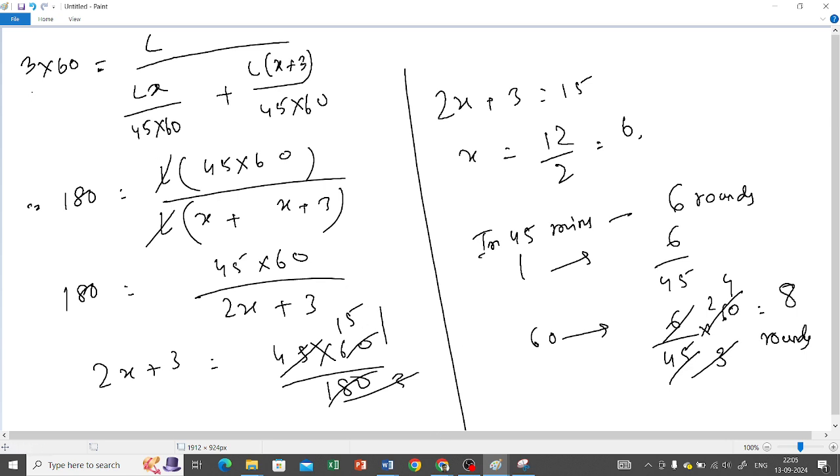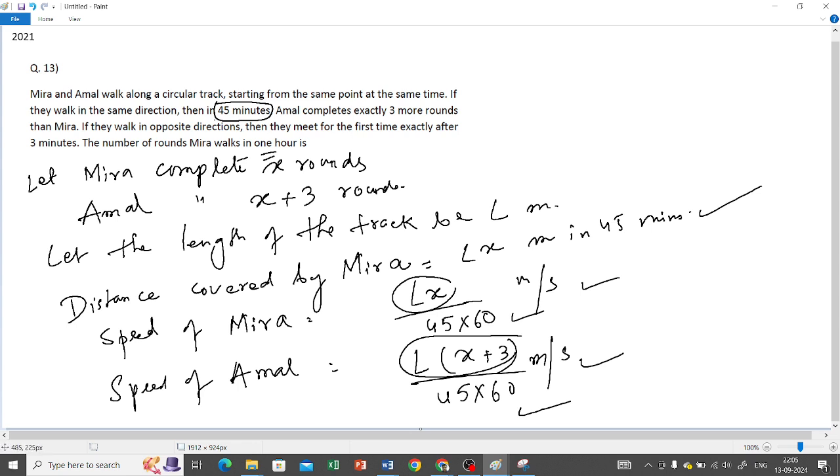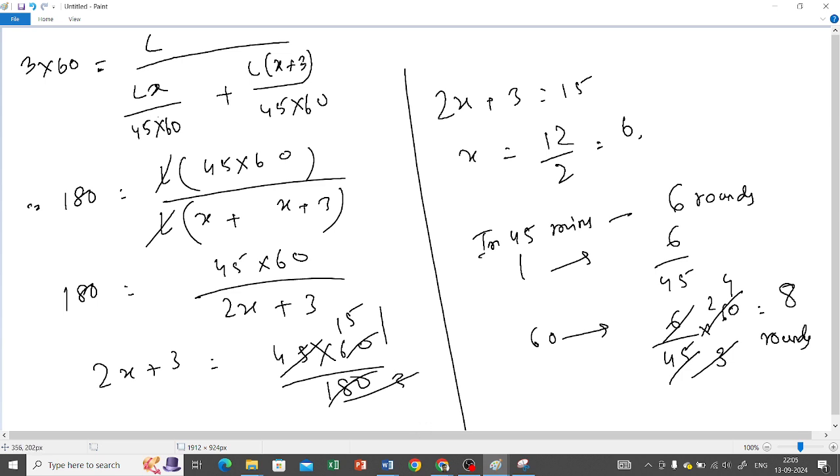So that is why 3 into 60 is the time after which they meet if they move in opposite directions. So 3 into 60 equals L divided by the summation of the speeds. When you solve them, you get x is 6.